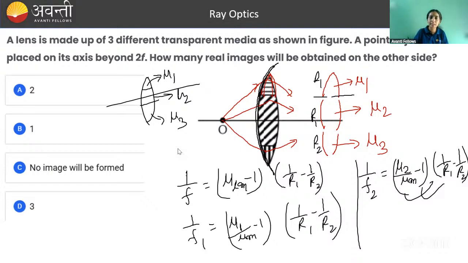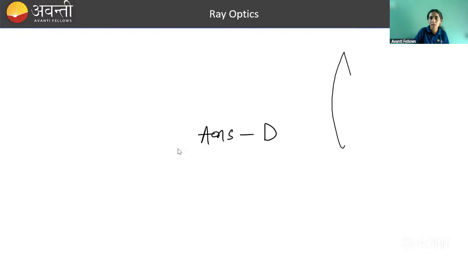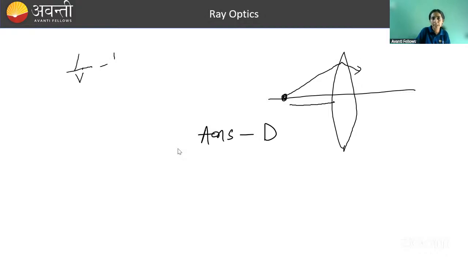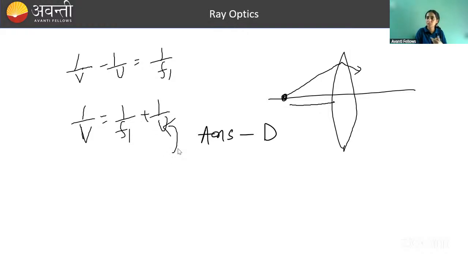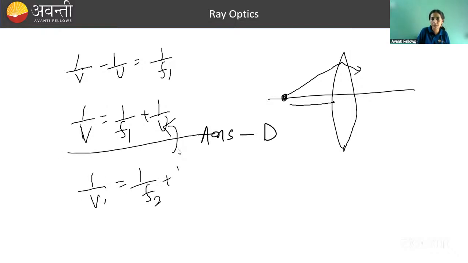And if there are three different focal lengths, then for the same object distance, let's say the object is kept here and light goes through this region, then 1 by v minus 1 by u equals 1 by f1. U is the same in all the cases. So 1 by v will be equal to 1 by f1 plus 1 by u, with proper sign convention for u. In the second case, 1 by v equals 1 by f2 plus 1 by u.